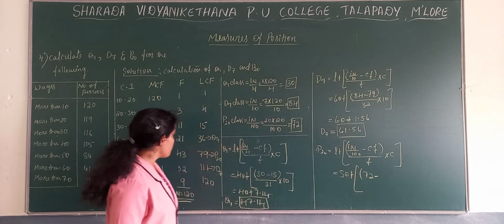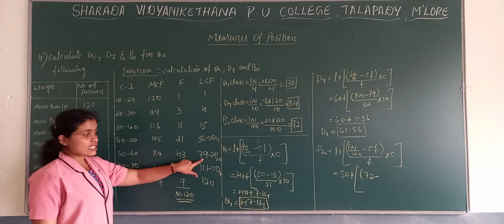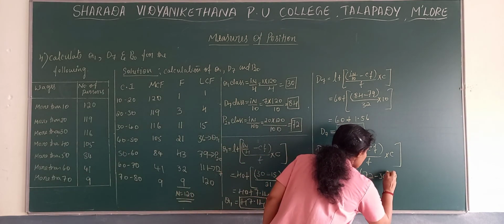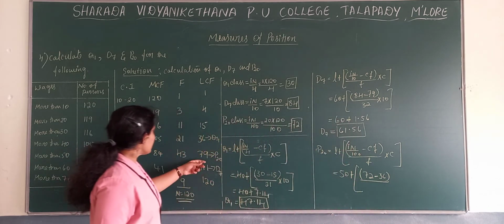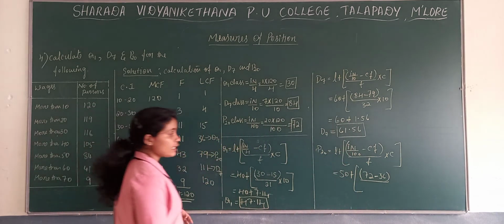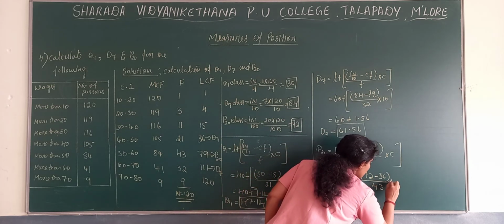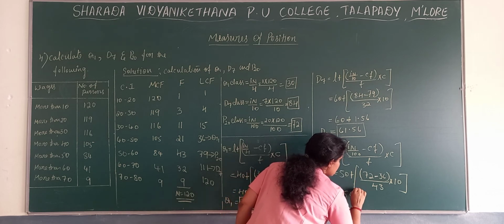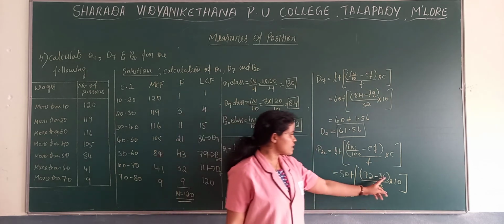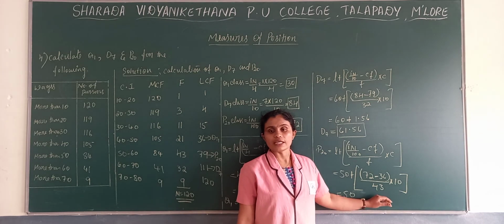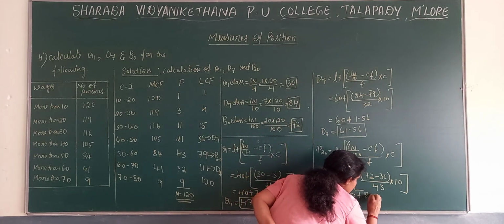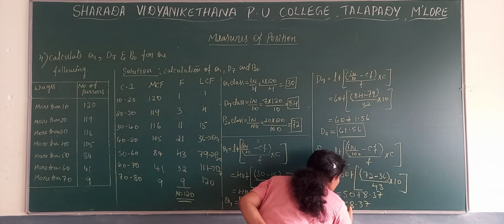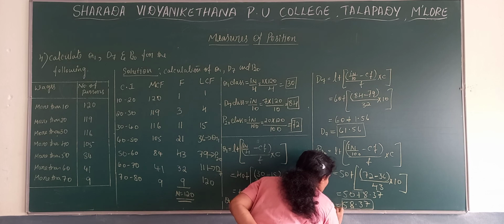Now the cumulative frequency preceding value, so this is the class. Preceding value is 36. 36 divided by the frequency of that class, which is 43. Frequency is 43 into 10. So here we get 50 plus 72 minus 36 into 10 by 43. We get 8.37. So here 58.37 will be your P20.